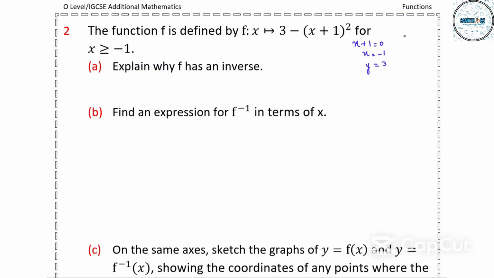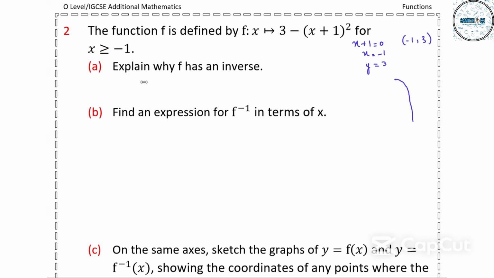So the turning point coordinates are -1, 3. The value of x in the domain is greater than or equal to -1. So when you sketch the curve of this, you will get either side of the curve, which is greater than or equal to -1. If we consider just this part of the curve, it is a one-to-one function.